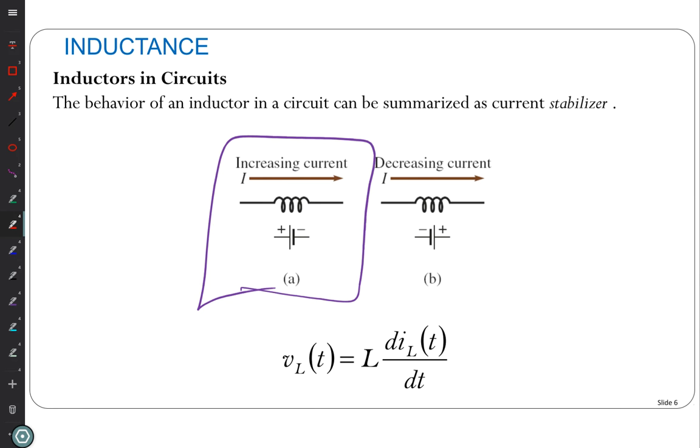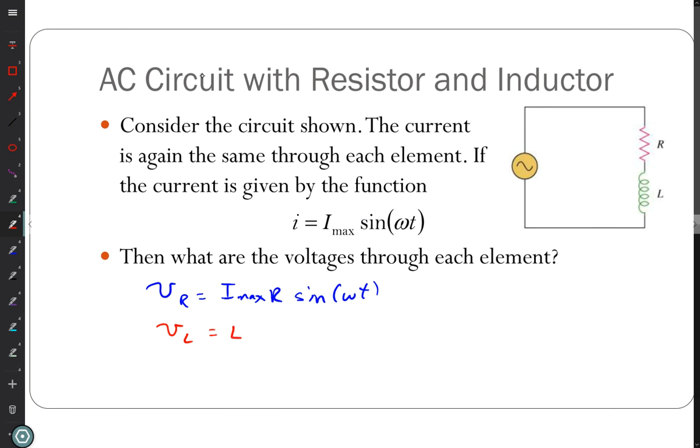We just do V equals L di dt. Take the derivative of sine. Derivative of sine is cosine, but you have to bring out the omega. So that's going to be L times omega I max cosine of omega t.